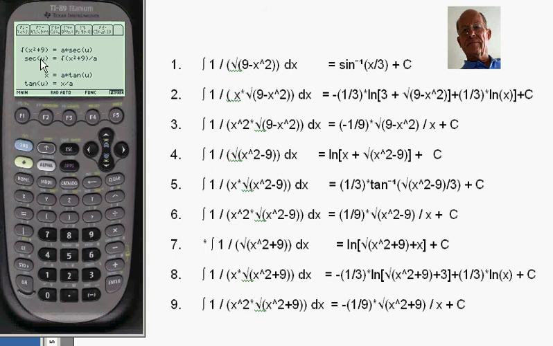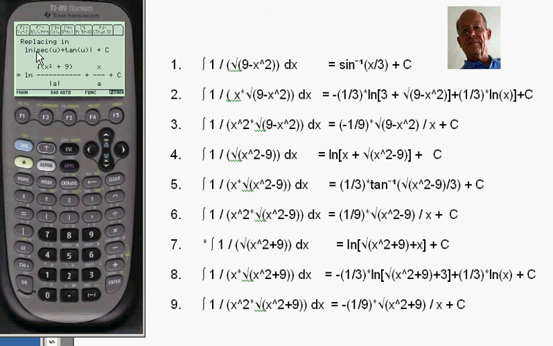So we figure out what secant u is, which is square root of x squared plus 9 over a, and tan of u is equal to x over a. We're using algebra in here, right? Remember, we found these before, but now we're just switching the a's to the other side here.